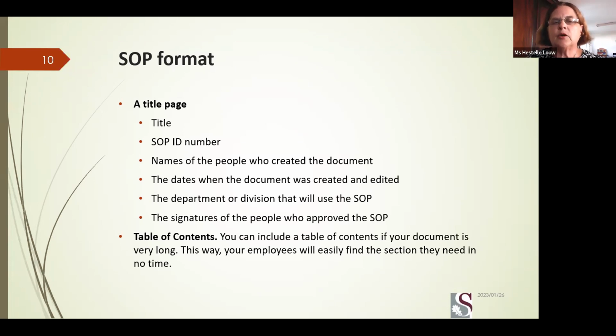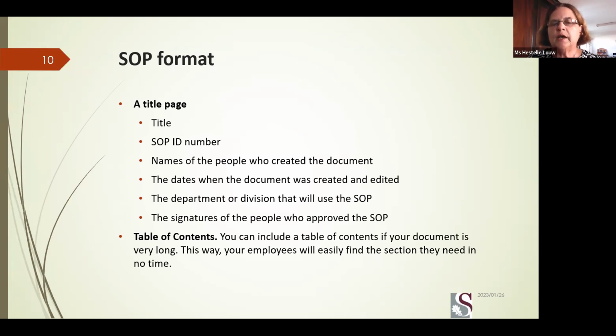Then the dates when the document was created and edited, that must always be on the title page. And then the department or division that will use the SOP. If it's a department, you must put there which department. If it's a division or unit, then you put which unit it's applicable to.